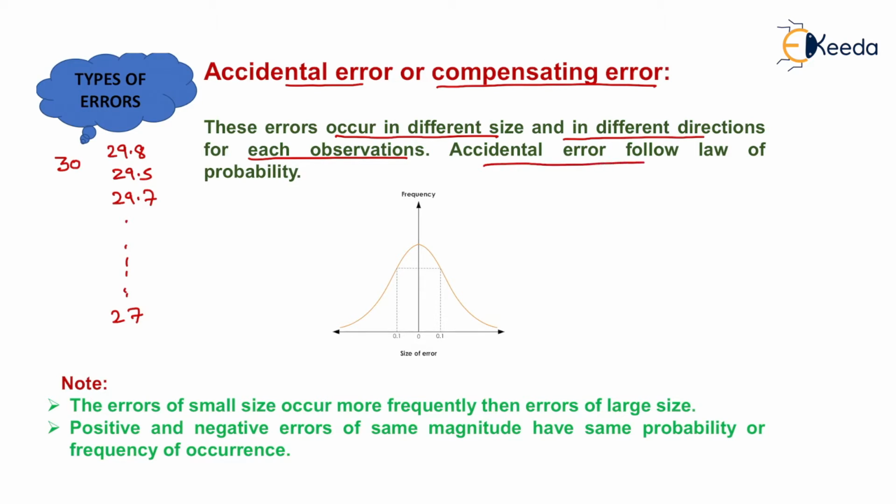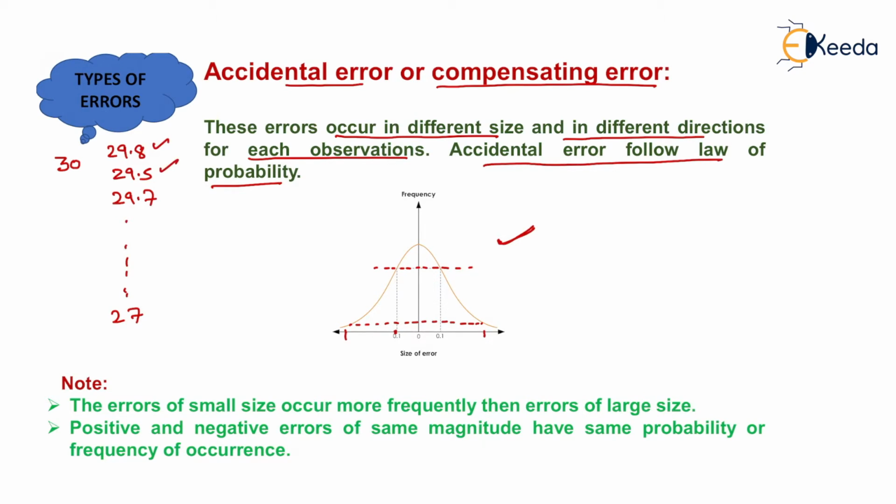Accidental error follows the law of probability, which is shown here. Now in this curve, the errors of small sizes will have very high frequency of occurrence, and the large size error will have very less frequency of occurrence, which is shown here.